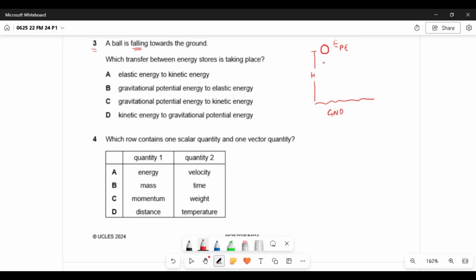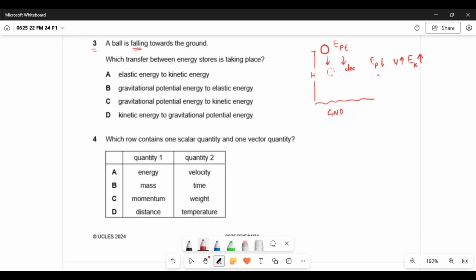Once it starts moving or falling down due to gravitational pull, the potential energy starts decreasing. So we can say potential energy decreases, but as it goes down, its speed increases. Let's say V increases, that enhances its kinetic energy. We know that kinetic energy is directly proportional to the speed.